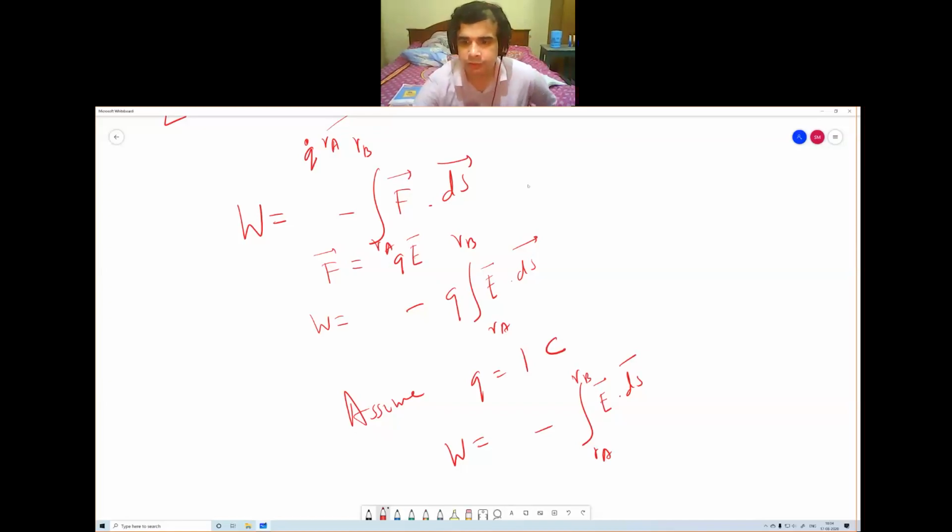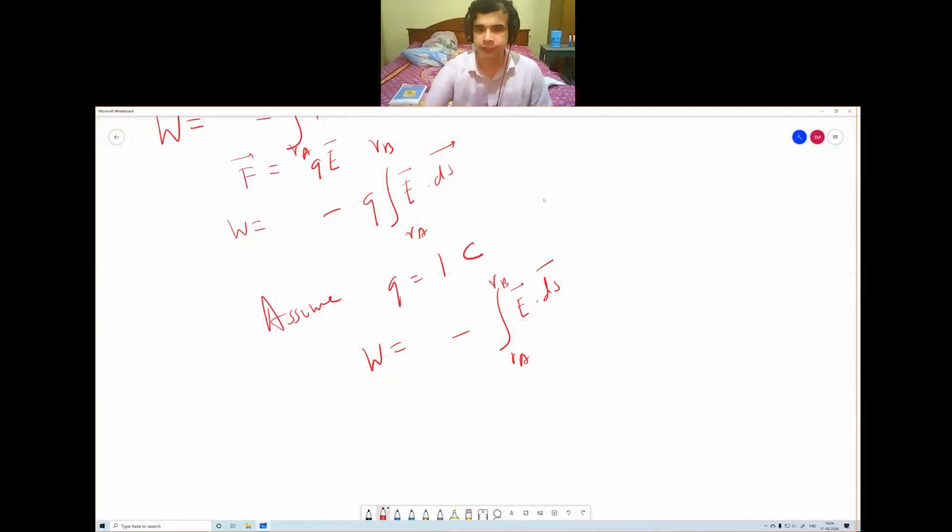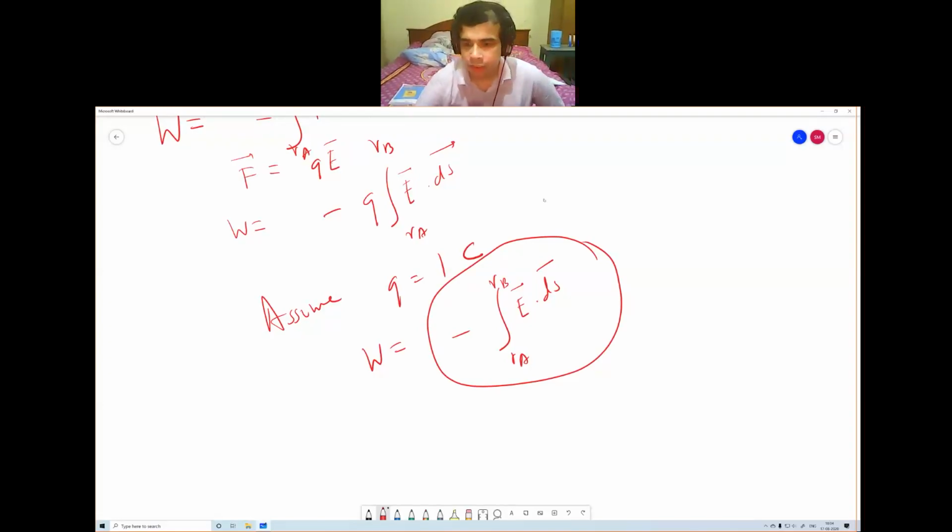Now let us look at this integration. I had said to move from point RA to RB, but I have not said how. I can move in a straight line, or I can move this way, then come here, or any path like this.